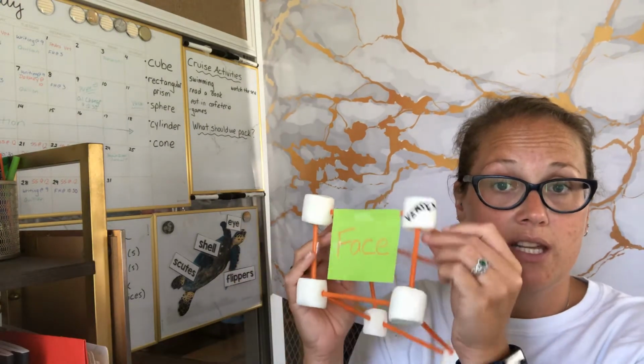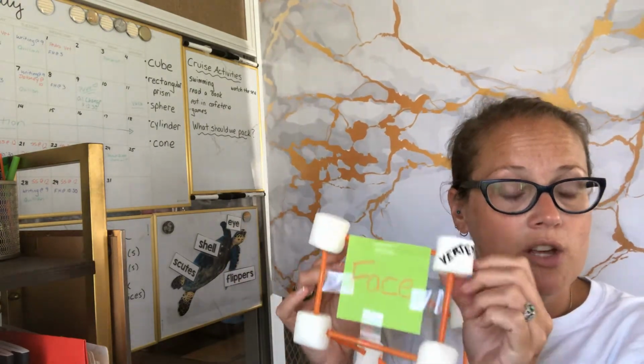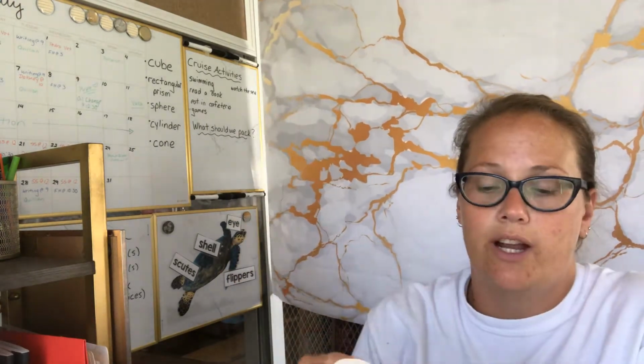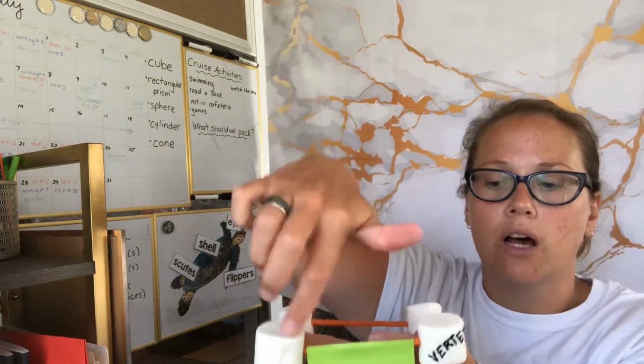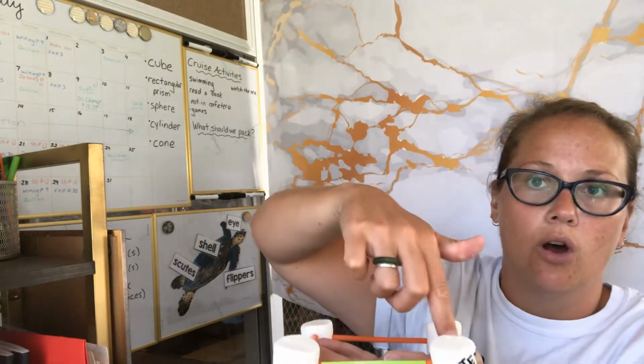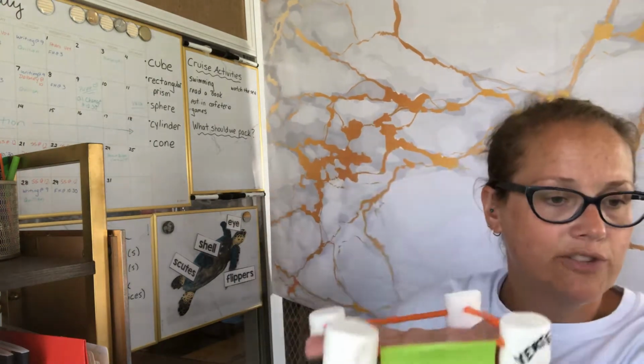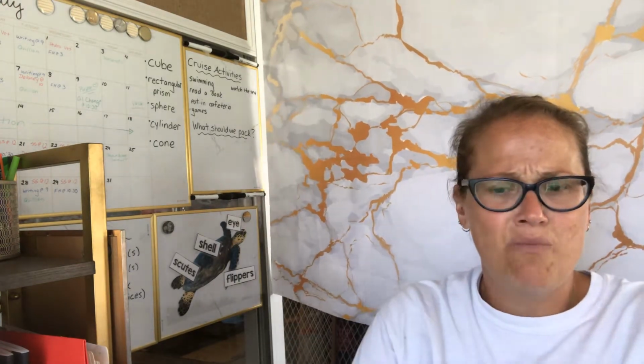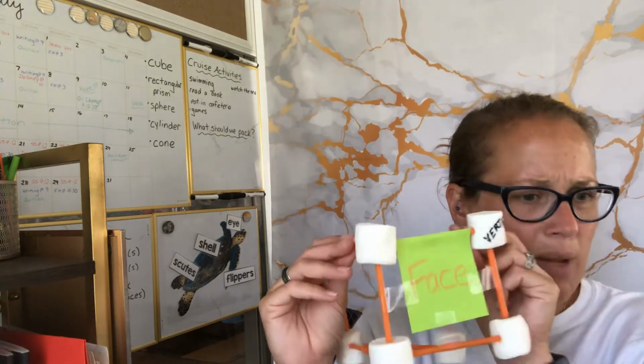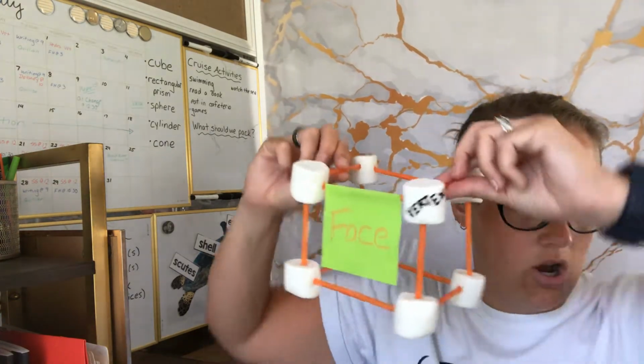Now, if I'm looking at my vertices, these are my corners. So a vertice is where all of your straws, which we'll talk about that word next, all of your straws meet. How many vertices, how many marshmallows are on my cube?